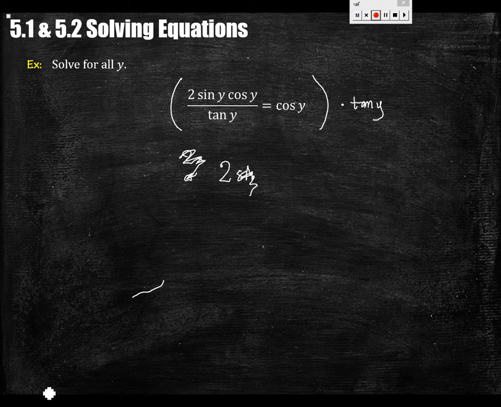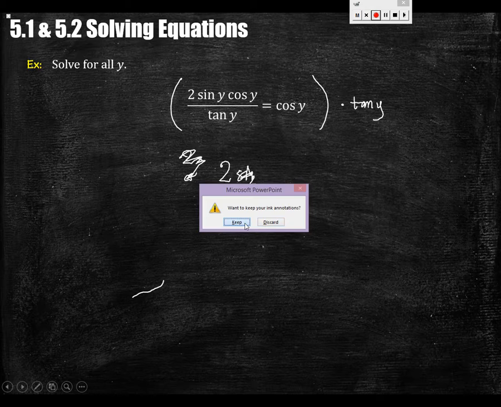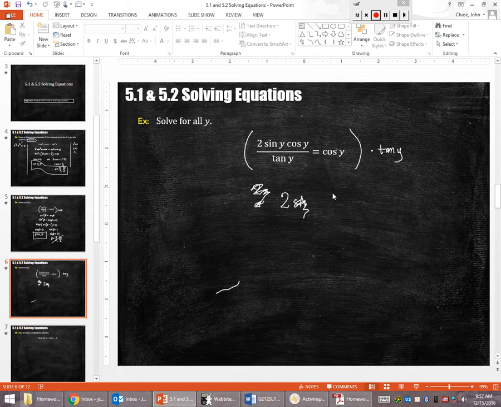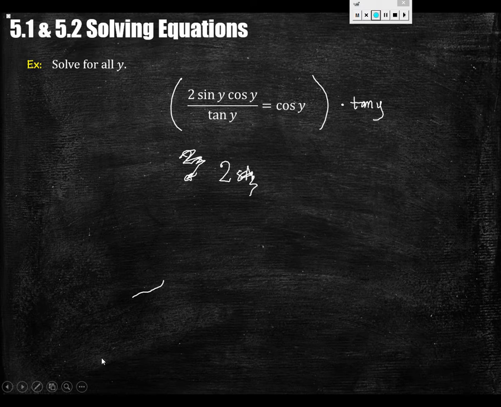Let me see if my board is not working for me right now. All right. Ignore all this scrawl. Here we go. It's all over here.